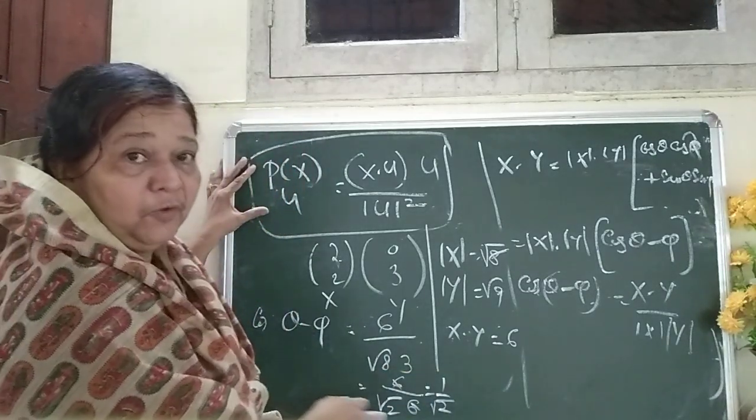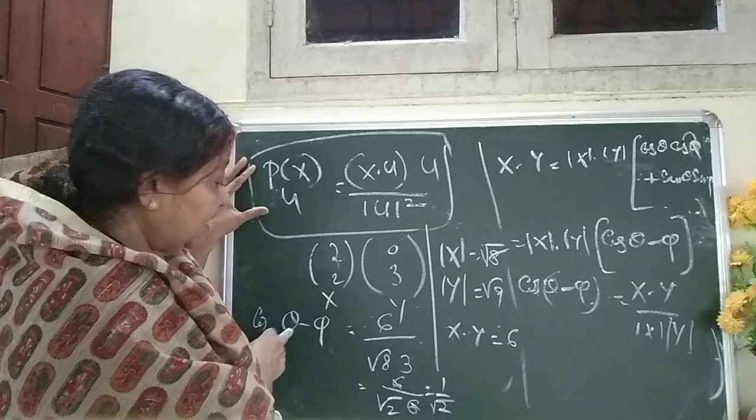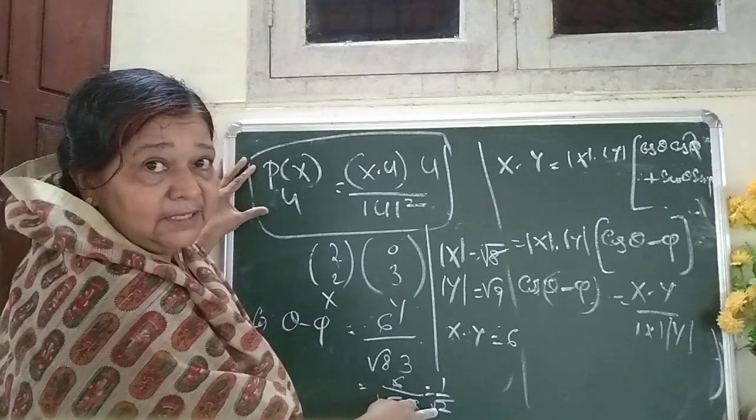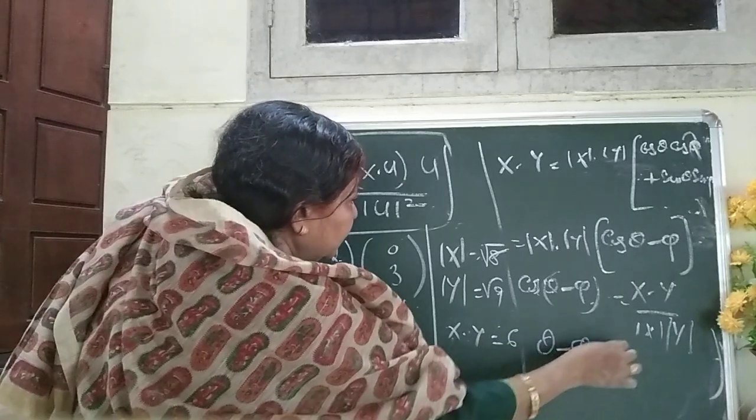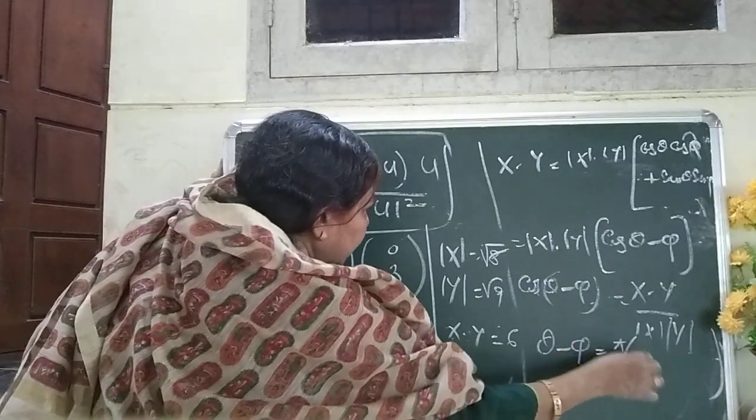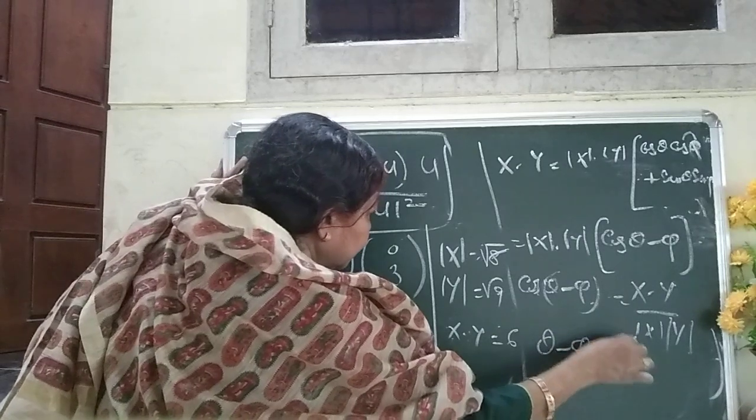We know for 45 degrees, cos theta minus phi is 1 by root 2. Therefore, the angle between theta and phi is 45 degrees, pi by 4.